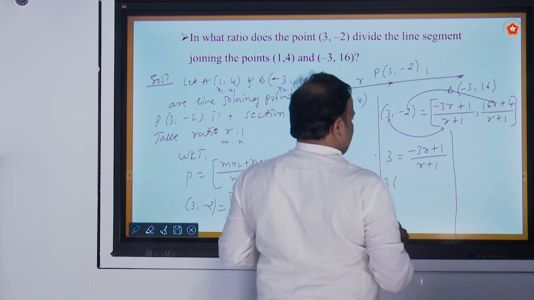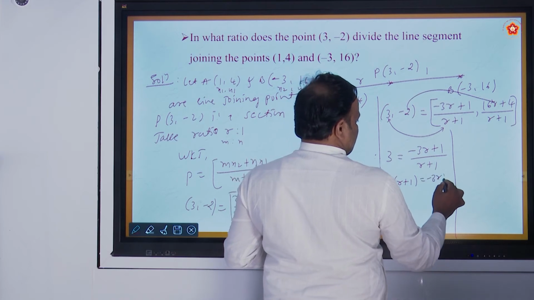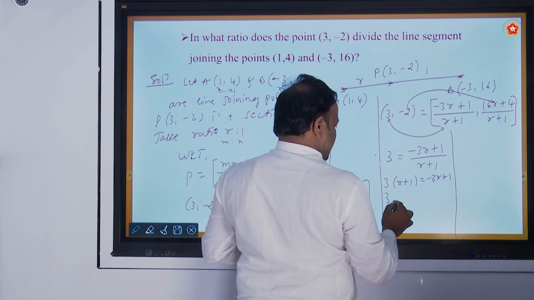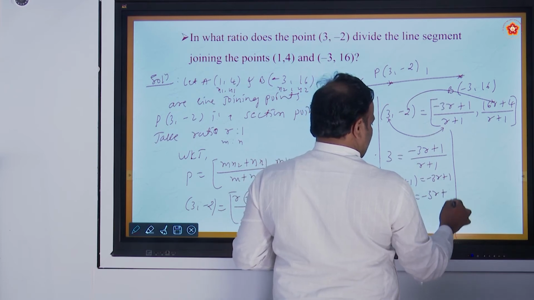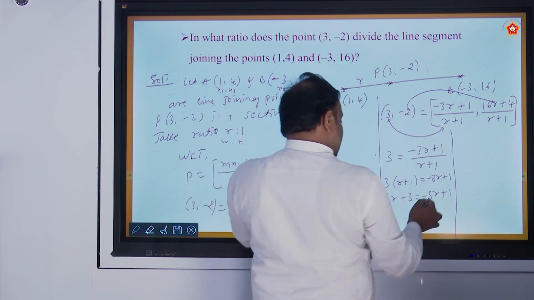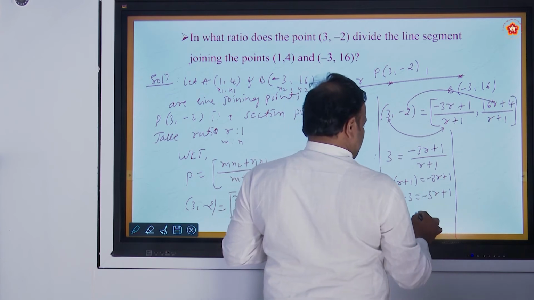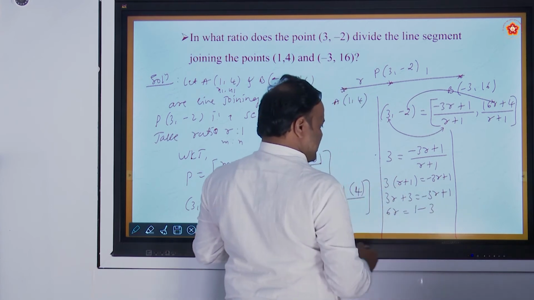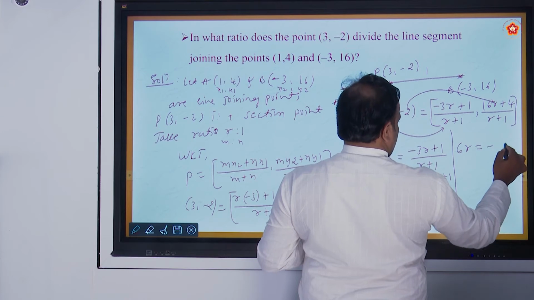Later I solve that one. Okay, so 3 into r plus 1 is equal to minus 3r plus 1. 3r plus 3, minus 3r plus 1 as it is. Take 3r this side, becomes 6r is equal to, take 3 that side, 1 minus 3. Simplification. So 6r is equal to minus 2.